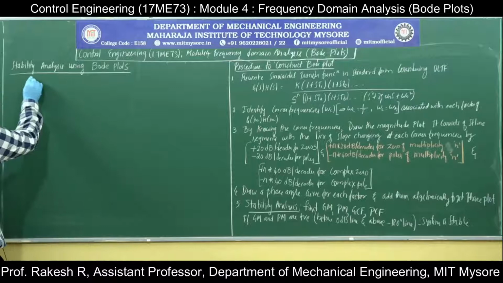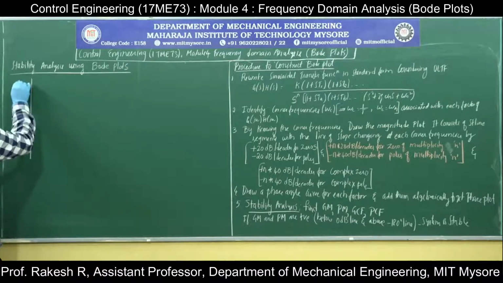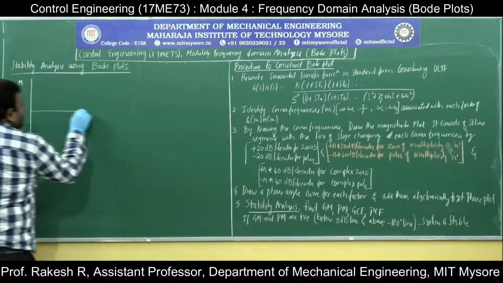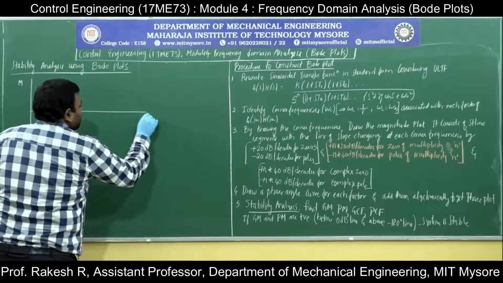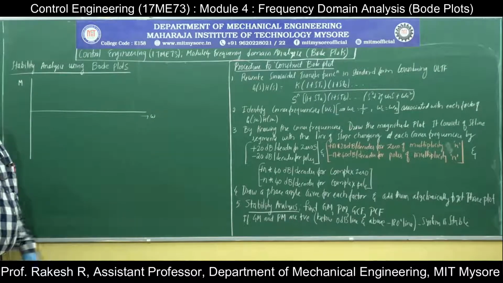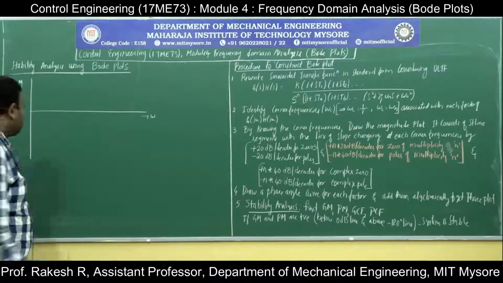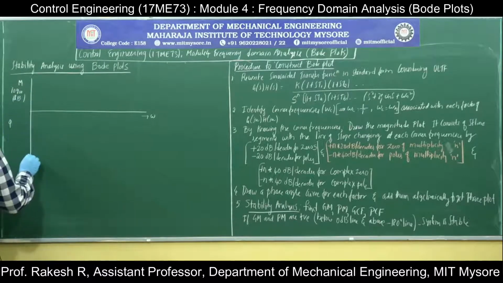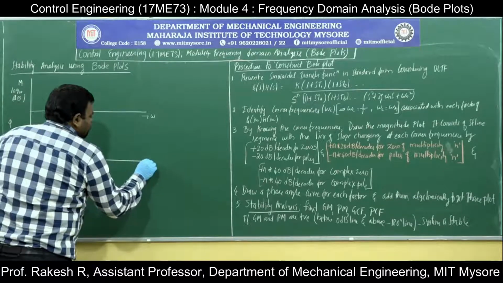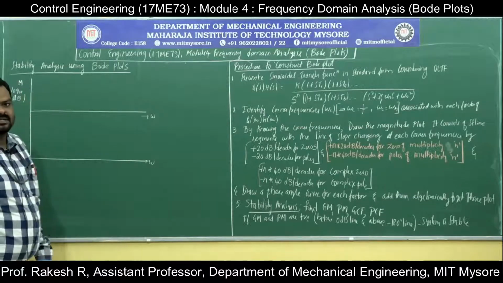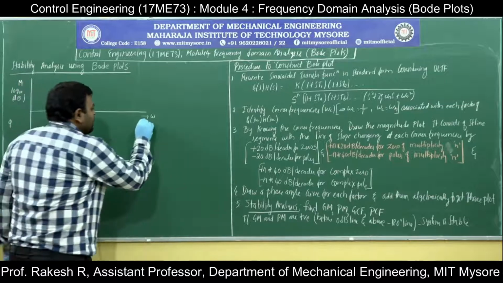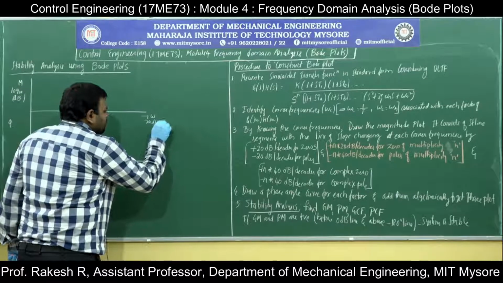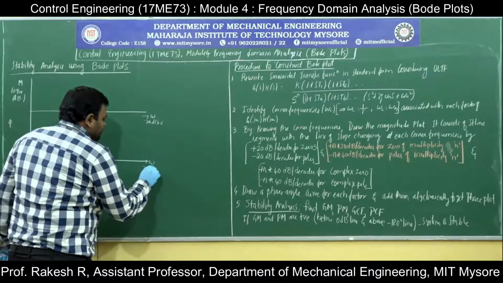So I will write this as magnitude versus omega. Similarly, for another plot, this is the log magnitude, that is in decibels, and this is the phase angle versus omega. What is omega? Omega is the frequency, which will be in radian per second.